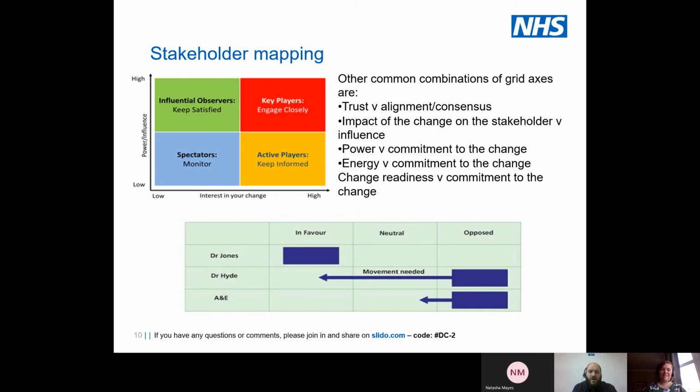But the ones that I've found are your barriers to overcome are more that green, ironically enough, because they're the people that aren't particularly interested in getting demand and capacity modeling done, but are quite influential. So if they were so well inclined, they could scupper it.